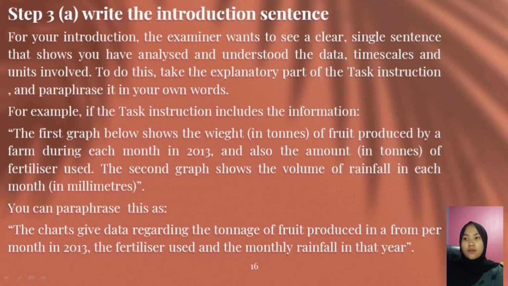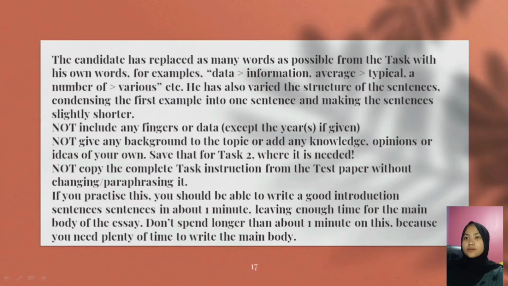You can paraphrase this as: the charts give data regarding the tonnage of fruit produced per month in 2013, the fertilizer used, and the monthly rainfall in that year.